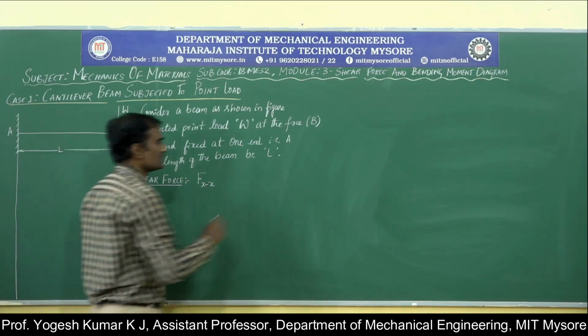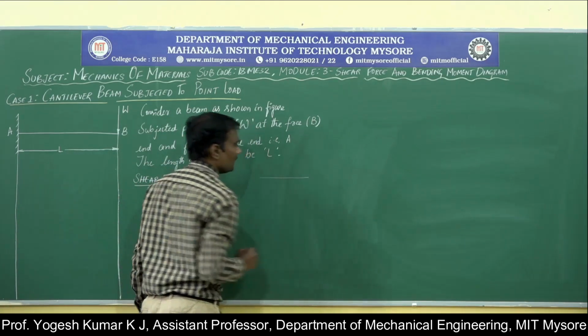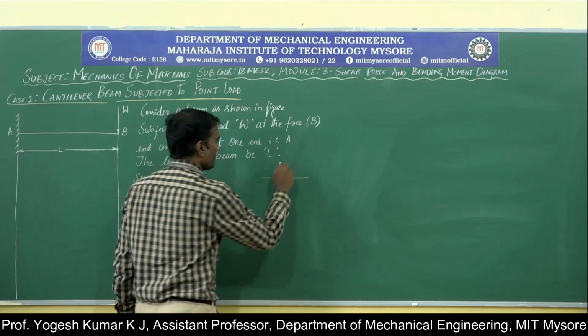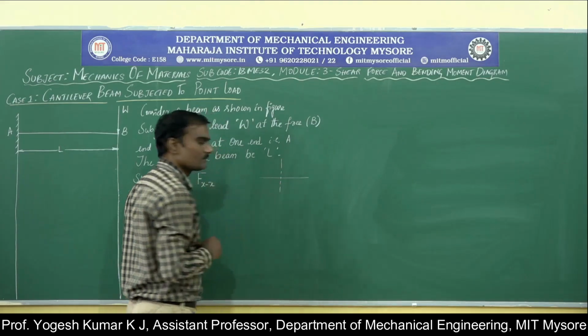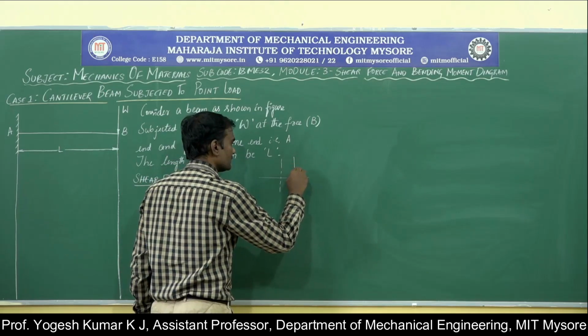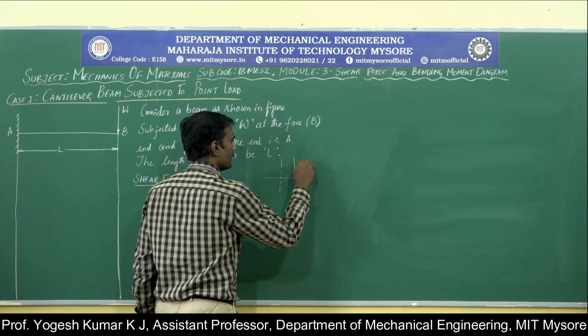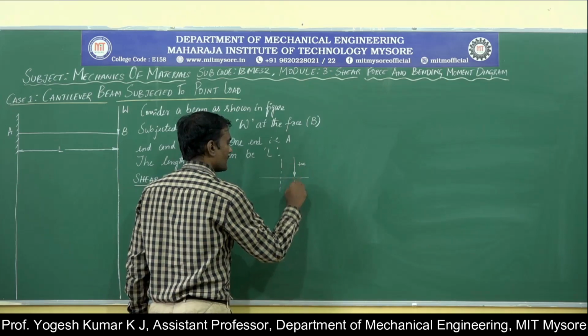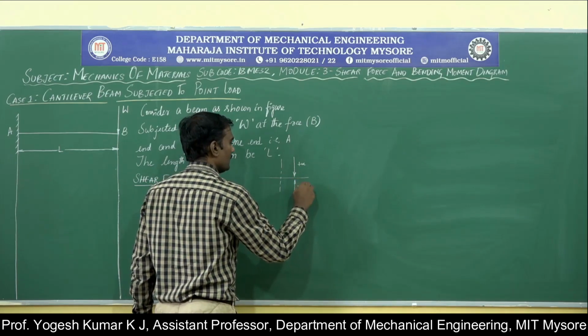So, what is the sign convention? I will write it in a small part. We have a section. To the right side of the section, if the forces are acting downwards, the value is positive. If acting upwards, it will be negative.